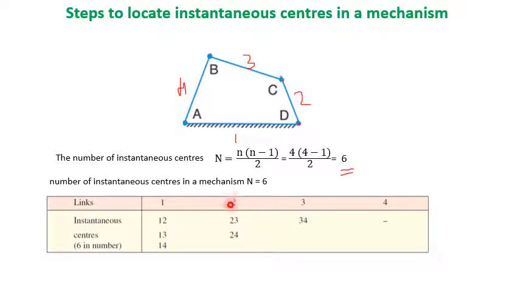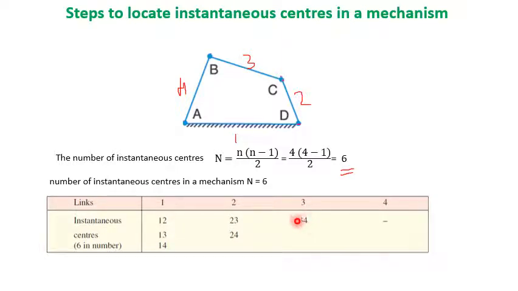Coming to the second link, the row with respect to the second link. Moving in the forward direction, take the combination I23. So the combination of links 2 and 3 gives the fourth instantaneous center. Next, 2 4, which is nothing but the instantaneous center of 2 and 4. We don't have any other links, therefore for the second link we have only 2 instantaneous centers. Coming to the third link, very next to it we have only one link, that is 4, therefore the combination becomes 3 4.